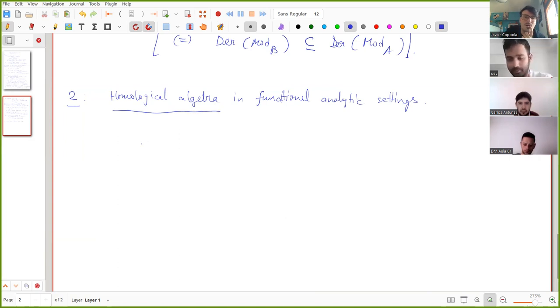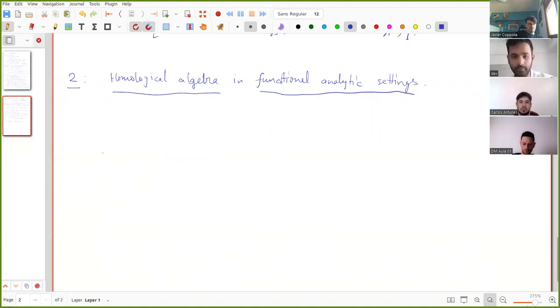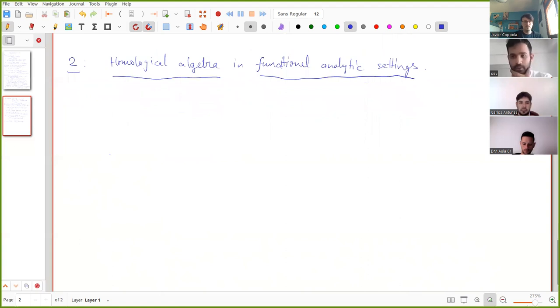You have to specify what kind of topology you want. You want the category to be as close to abelian categories as possible. And the category of topological modules, depending on how you define them, need not exhibit that behavior. Okay, so that is exactly this part of the talk, which is how do you do homological algebra when your modules come with topologies?